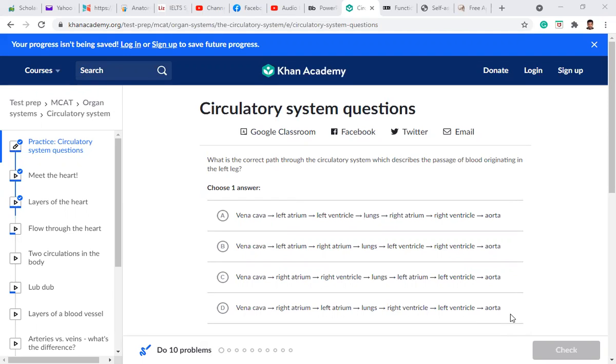B, you have vena cava to left atrium, to right atrium, to lungs, to left ventricle, to right ventricle, to aorta. C, you have vena cava to right atrium, to right ventricle, to lungs, to left atrium, to left ventricle, to aorta. D, you have vena cava to right atrium, to left atrium, to lungs, to right ventricle, to left ventricle, and to aorta.